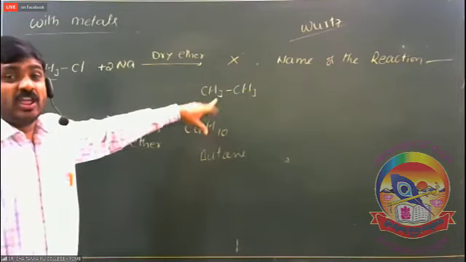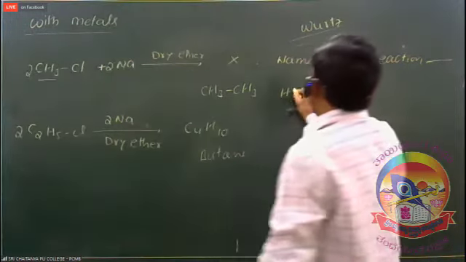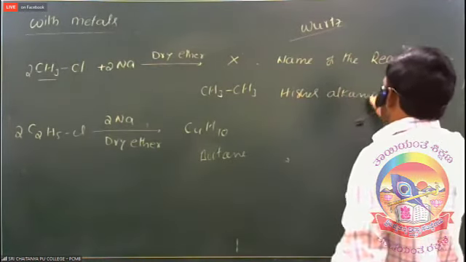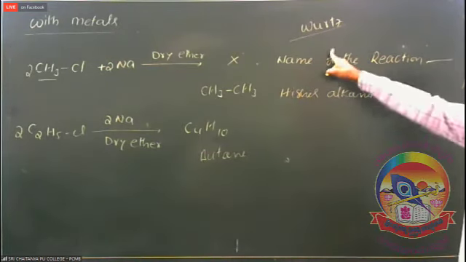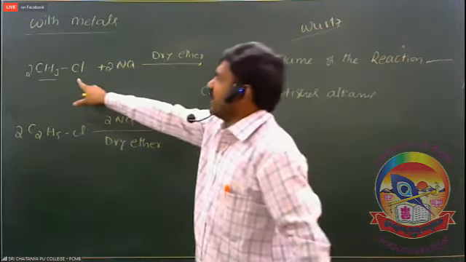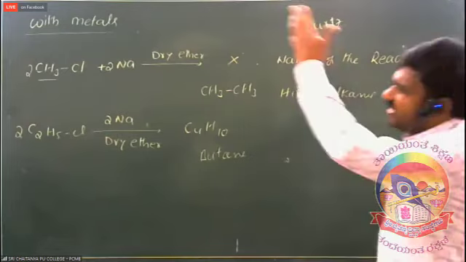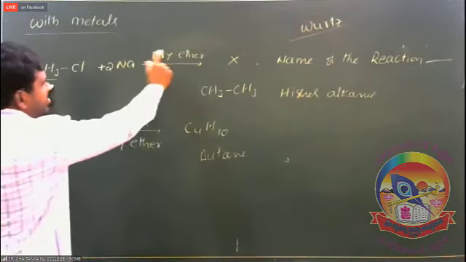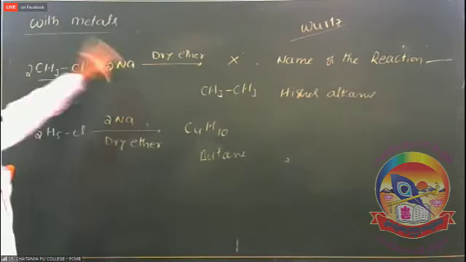The reaction in which higher alkanes are prepared from lower alkyl halides is the Wurtz reaction. The alkyl halide has fewer carbons, and the alkane has more carbons. So alkyl halide with sodium in ether is the named reaction, the Wurtz reaction.